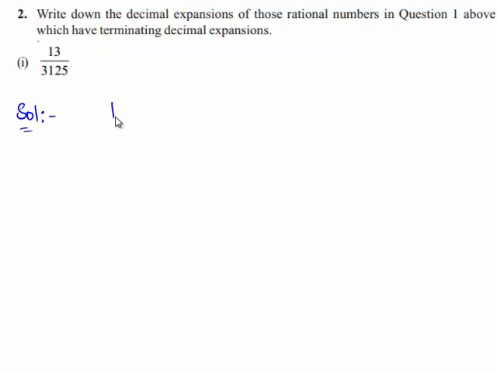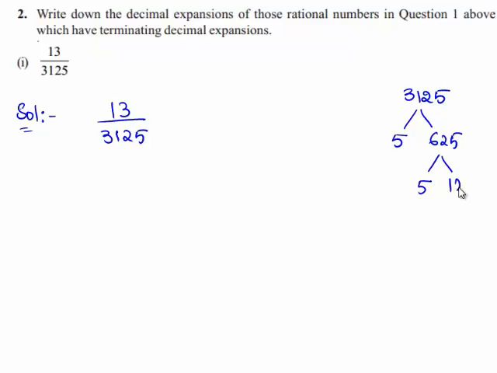To find the decimal expansion of 13 upon 3125, we shall first write the denominator, that is 3125, as a product of its prime factors. Therefore, 3125 can be written as 5 times 625, and 625 can be written as 5 times 125. 125 can be written as 5 times 25, and 25 can be written as 5 times 5.